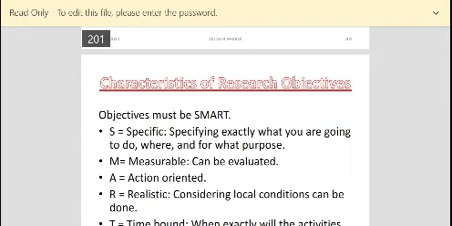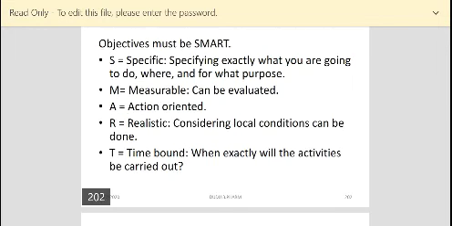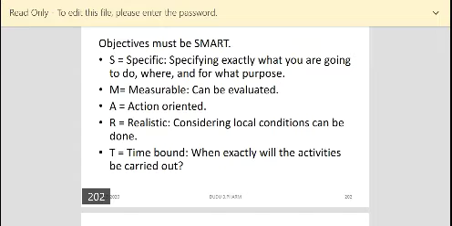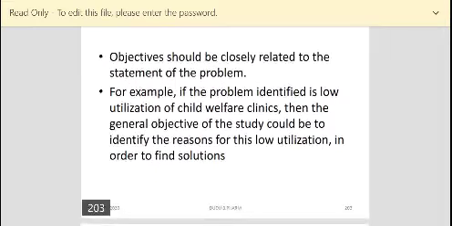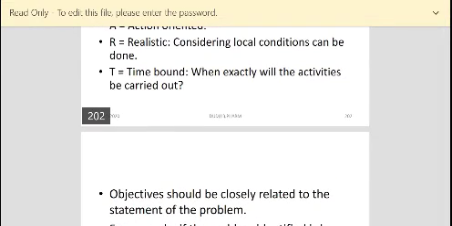A stands for action oriented, and R stands for realistic, considering local conditions, so that it can be done. T stands for time bound: when exactly will the activities be carried out? Whatever the accent, I think we understand the concept.